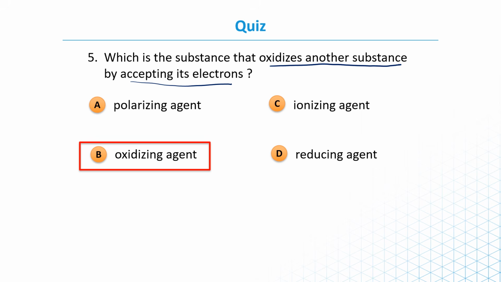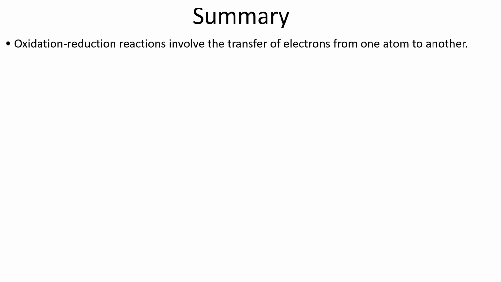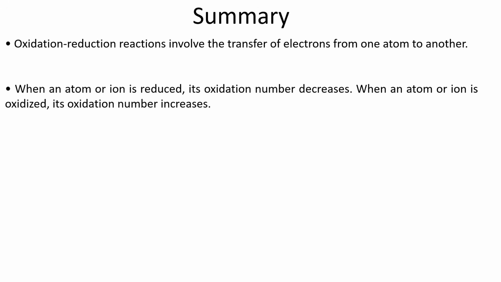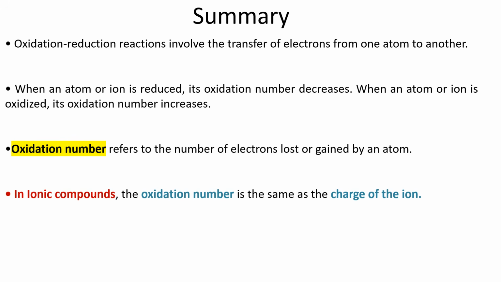Very good. لأن هي يحصلها reduction فهي oxidizing agent تتسبب في أكسدة مادة ثانية. And this is a summary, okay, which you can read on your own. It has everything that we have covered so far. All right. So now we will move on.